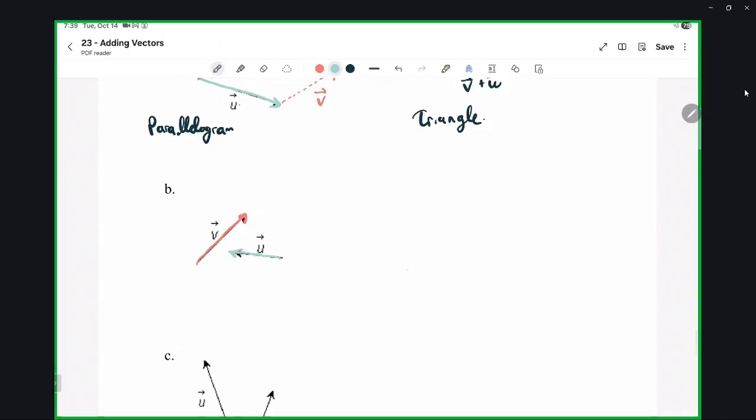So we take vector u, and then we tack on vector v. And so the resulting vector here will be u plus v, like so.